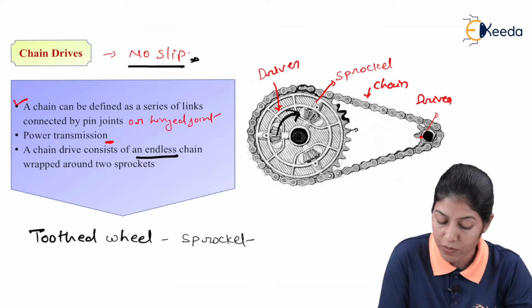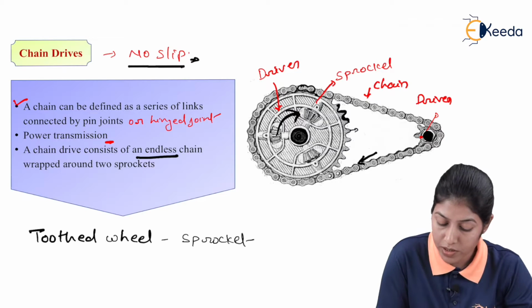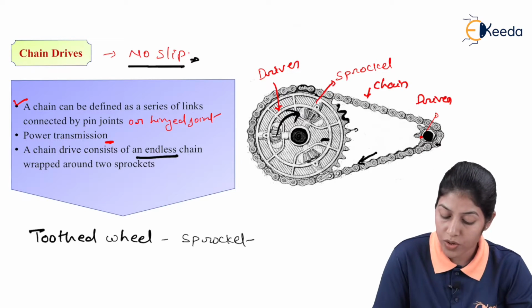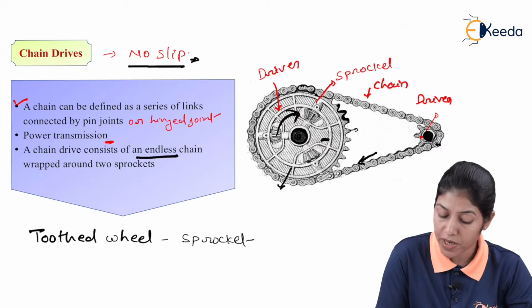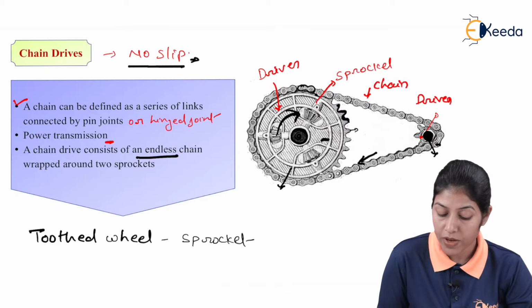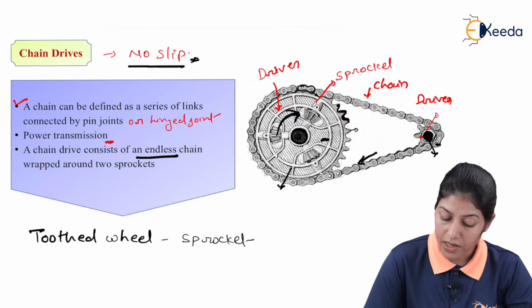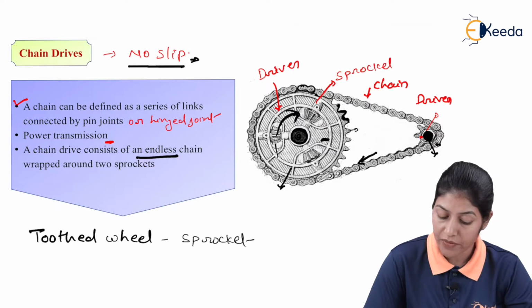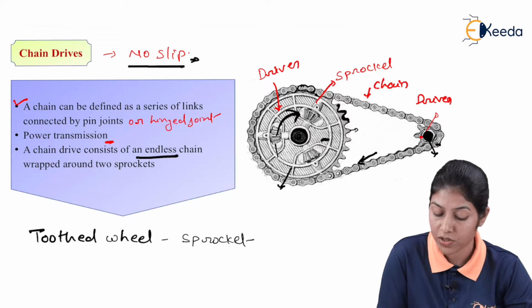When the driving sprocket is moving in a particular direction, it creates tension at this particular side, because this is our driver and this is the driven. In the no motion condition, the speed of this sprocket will be 0 and the speed of the other sprocket will be 0. Now in the condition of motion, at the starting condition the driving pulley is moving, but the driven pulley will not move, because the driven pulley gets its motion from the driving pulley.